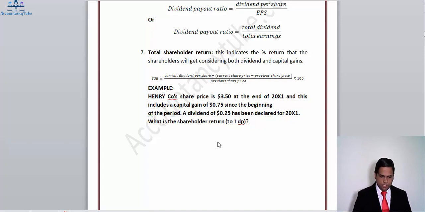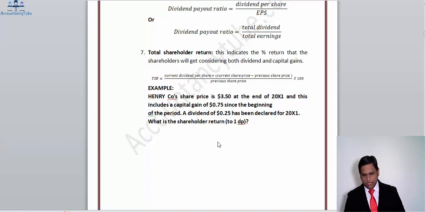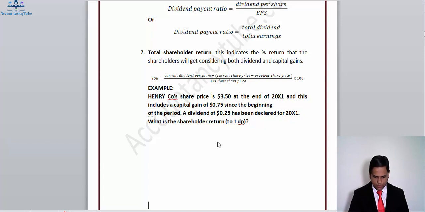The example pertaining to this is: Henry Co's share price is 3.50 at the end of 2011, and this includes a capital gain of 0.75 since the beginning of the period. A dividend of 0.25 has been declared for 2011. What is the shareholders return?